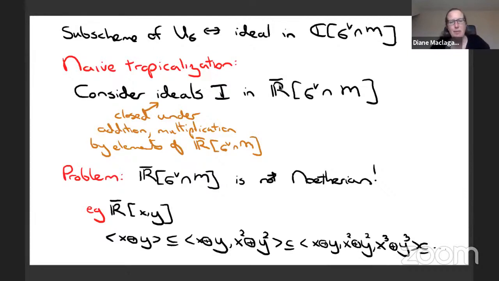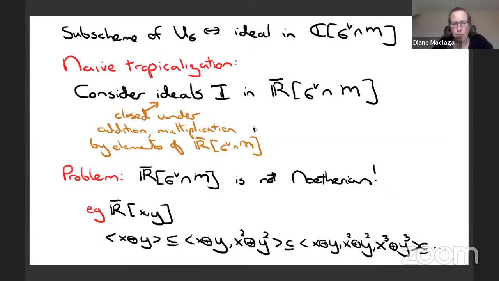Since I'm talking about semi-rings, I should tell you what an ideal is, but the shorthand answer is it's what you would guess it is. It's the same as for a ring. It's closed under addition, and it's closed under multiplication by elements of the ambient semi-ring, R bar adjoin sigma dual intersect M. Okay, so that's what we're going to do.